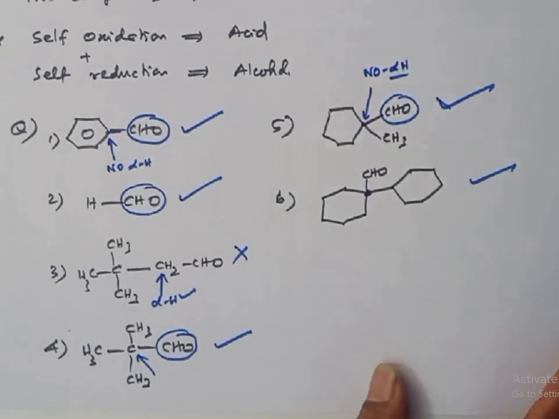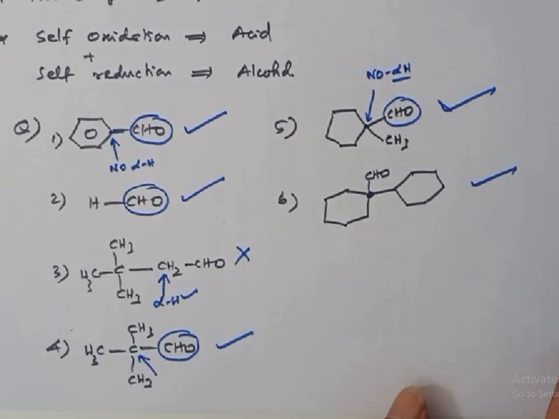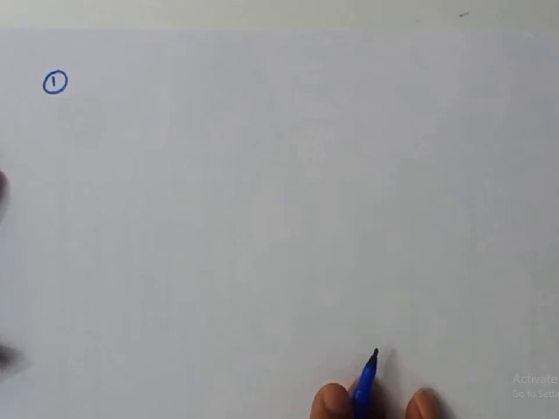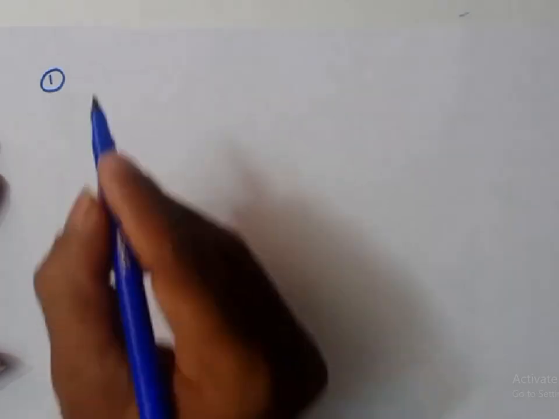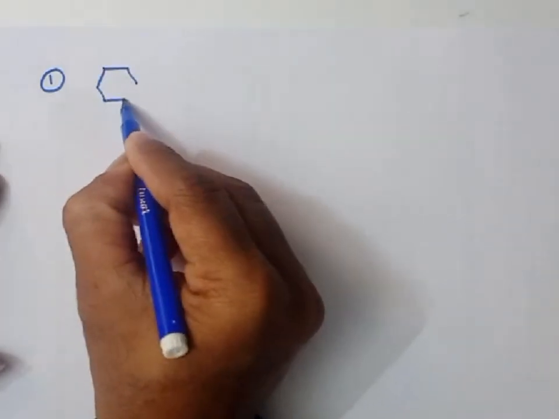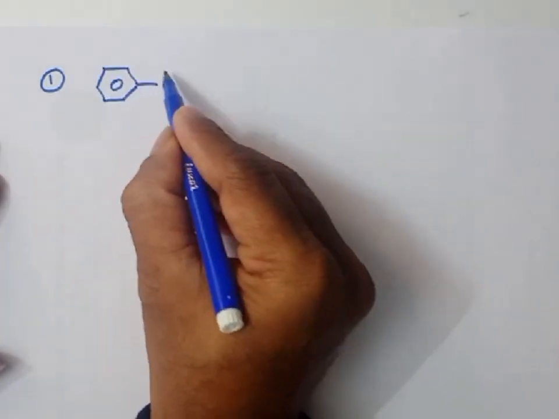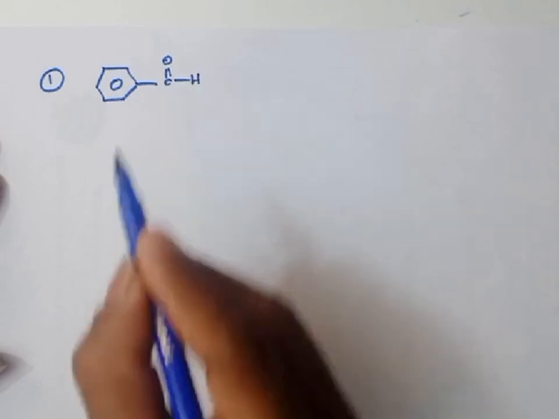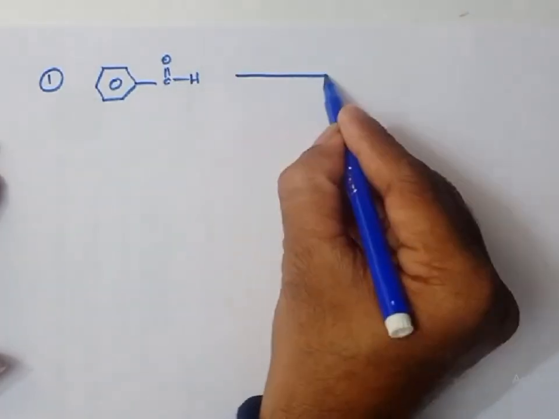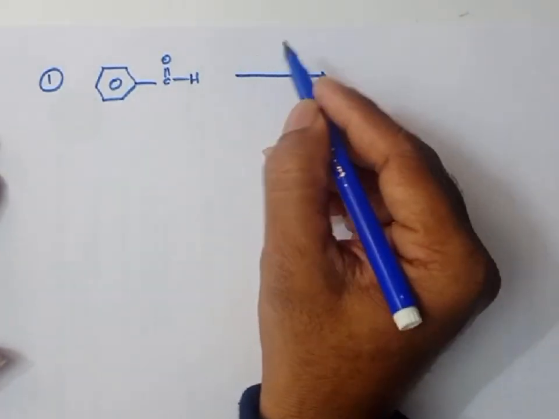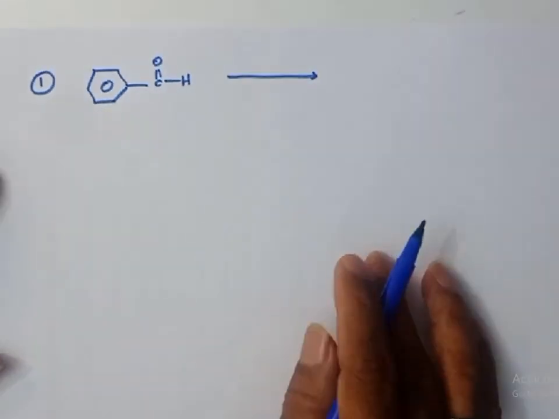Now let me give an example for simple Cannizzaro. Students observe carefully. Sometimes in the examination they'll give benzaldehyde and put strong sodium hydroxide, that is a concentrated sodium hydroxide.